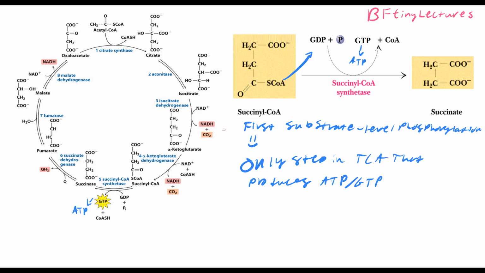So look at this picture right here. Do you see any ATP being produced except from this one? No. So this step right here is the only step that produces energy via substrate level phosphorylation. The other ATPs are going to be produced in the oxidative phosphorylation reaction, and that's in a later section of this chapter.